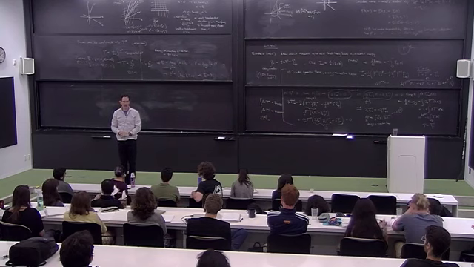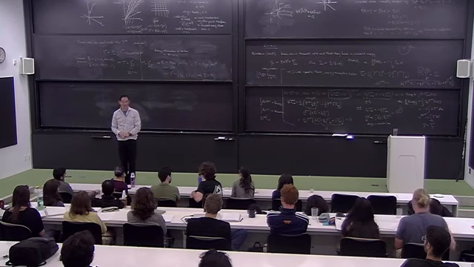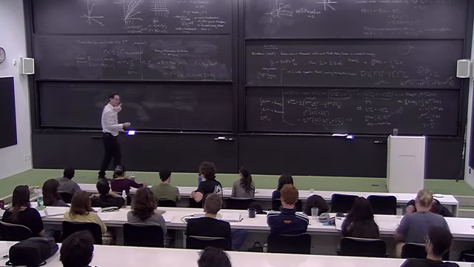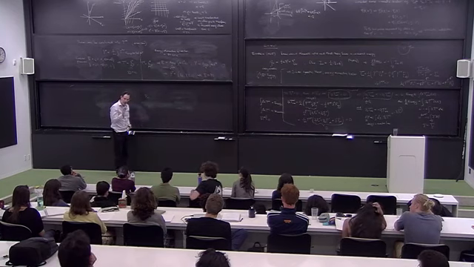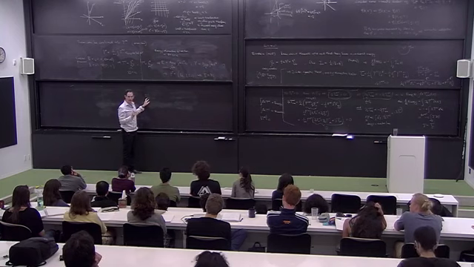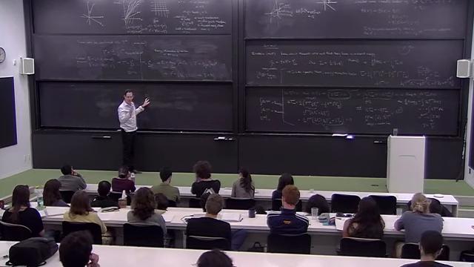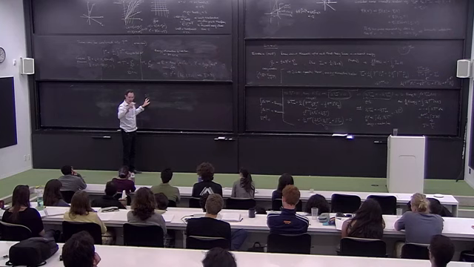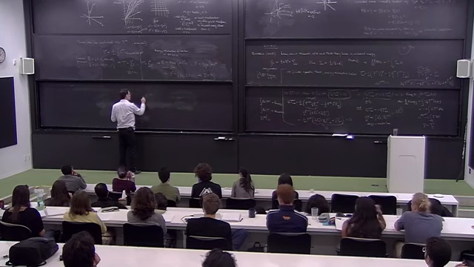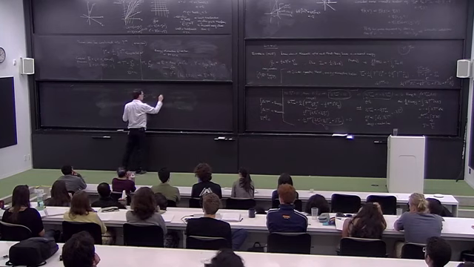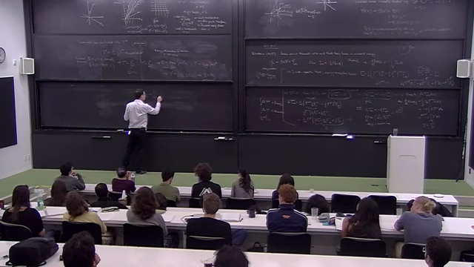Do you know why electric charge is conserved? Gauge symmetry. But remember, why did gauge symmetry work? Gauge symmetry worked because this was antisymmetric, so the 2 terms cancelled. When I took A to A plus dA, the 2 terms cancelled only because of antisymmetry. Remember Maxwell's equations, d_mu F^{mu nu} equals mu naught j^nu.